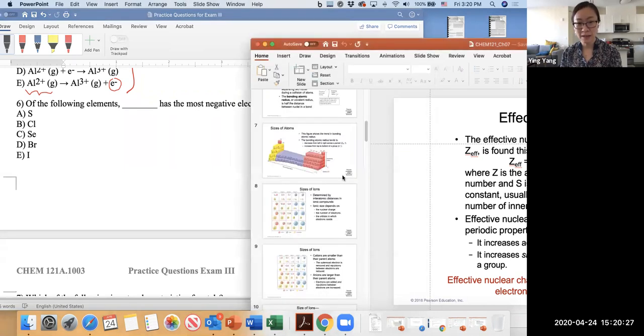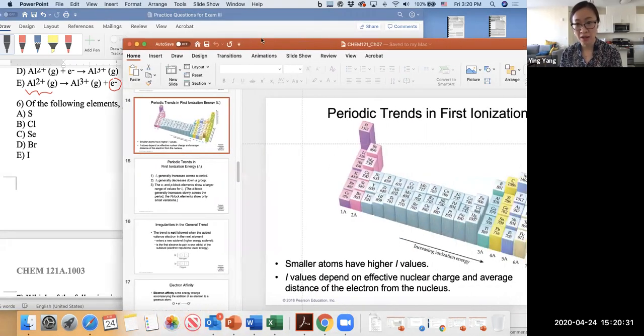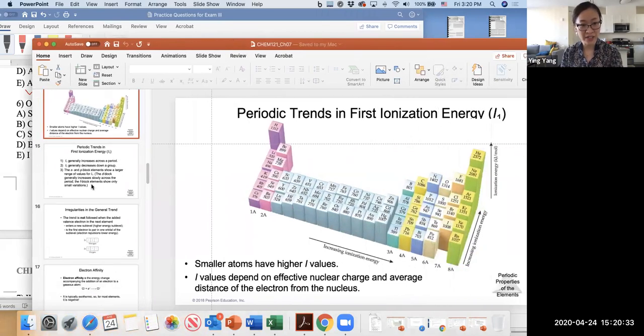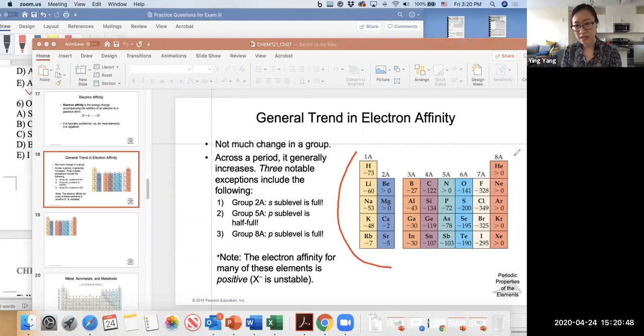And therefore, this is the trend for first ionization energy, and this is the trend for electron affinity. When we looked at this, we said that the periodicity is not very clear for electron affinity, but there are a few things we need to pay attention to.